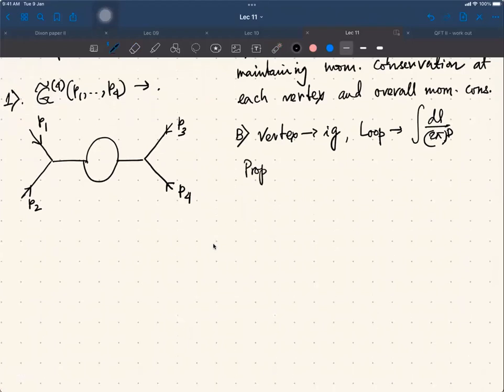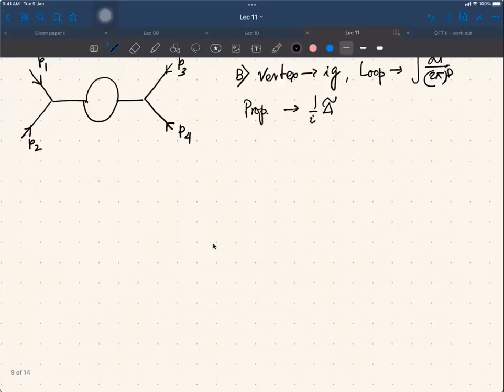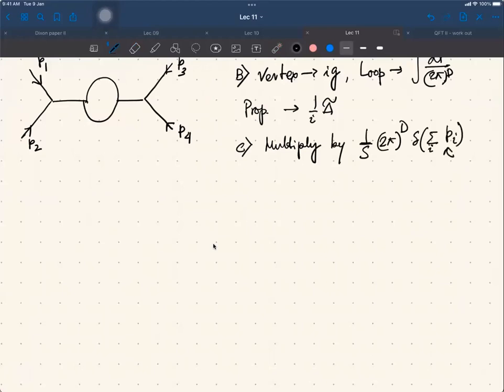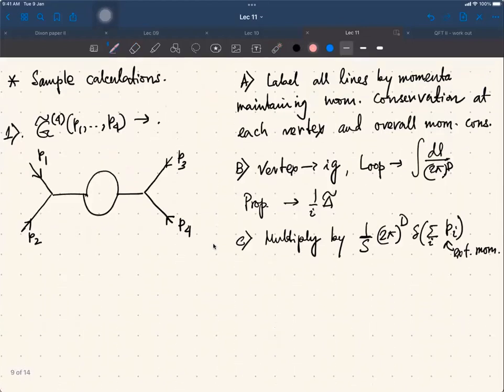For each propagator, write 1 over i delta tilde, and finally multiply by the overall symmetry factor 1 over S times 2 pi to the power d times the overall delta function for overall momentum conservation, that is the sum over i of p_i, where the p_i are the external momenta. Those are the rules that we shall follow.